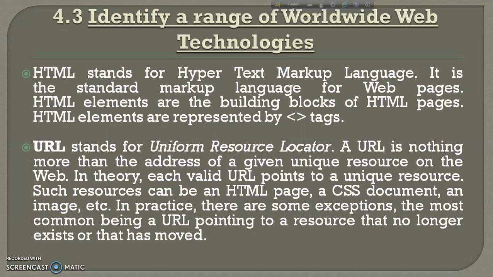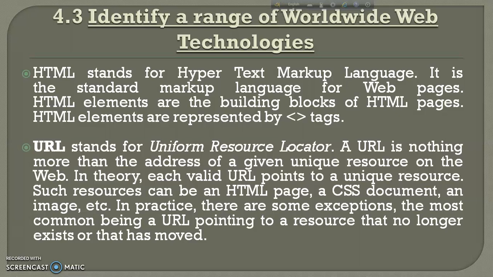URL stands for Uniform Resource Locator. A URL is nothing more than the address of a given unique resource on the web. Each valid URL points to a unique resource.